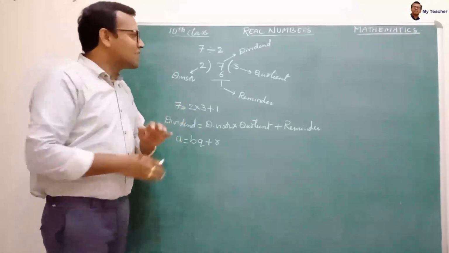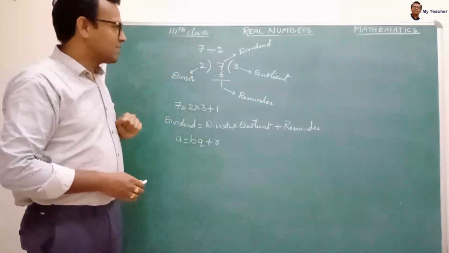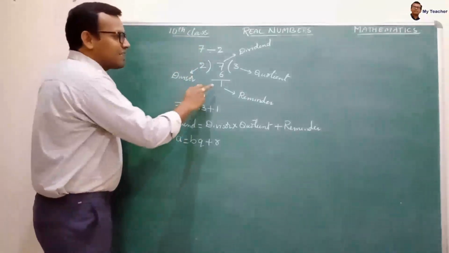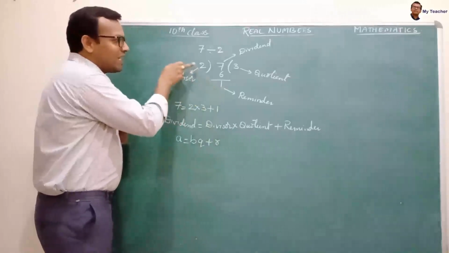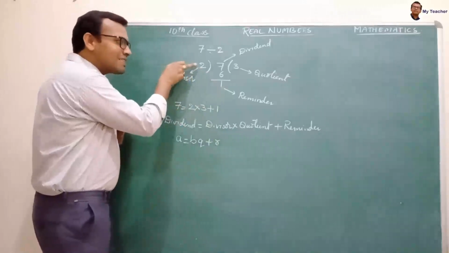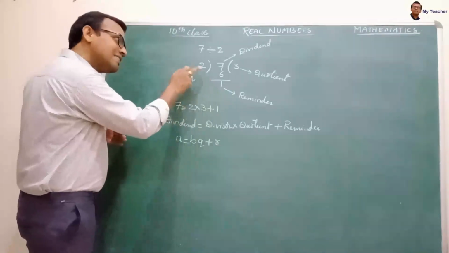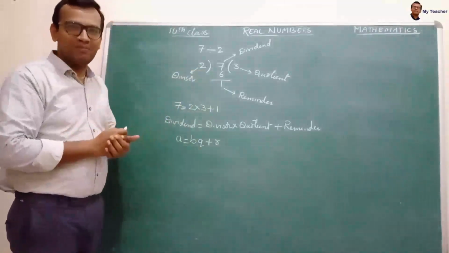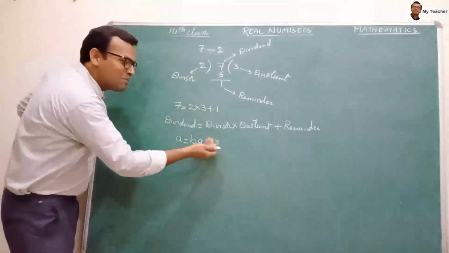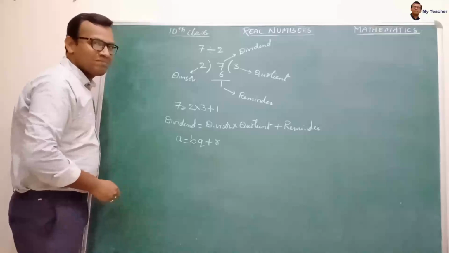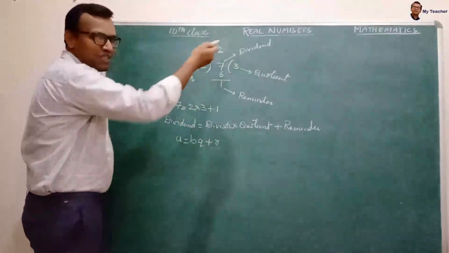Now let us once again see the division. Look into this division. Here the remainder is 1. Is the remainder lesser than the divisor? Means, is 1 less than 2? Absolutely. So here the remainder R must be less than B. And sometimes we may get the remainder 0 or more than 0.